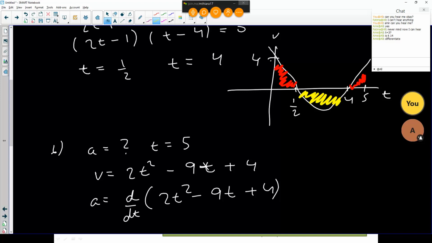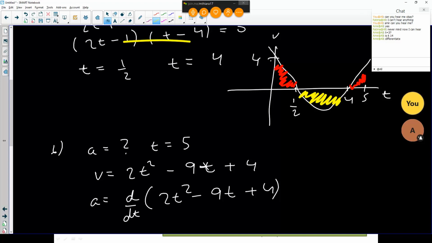I wouldn't have worked out the total distance travelled. Because some parts of this curve are above the x-axis and some below, I need to do it in individual bits.